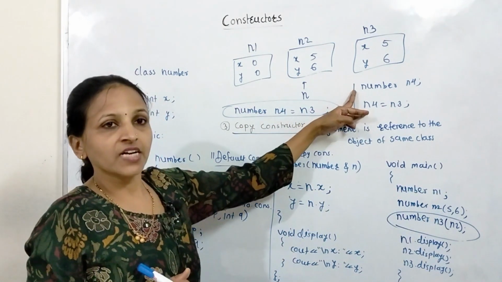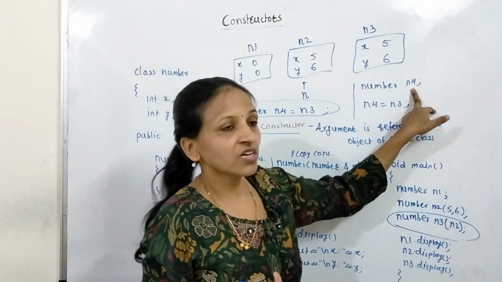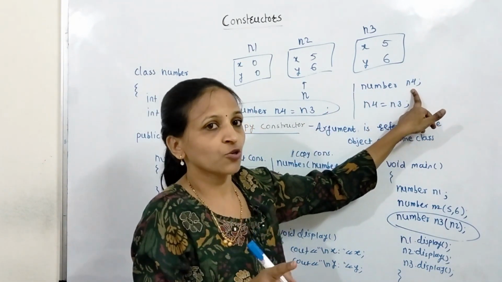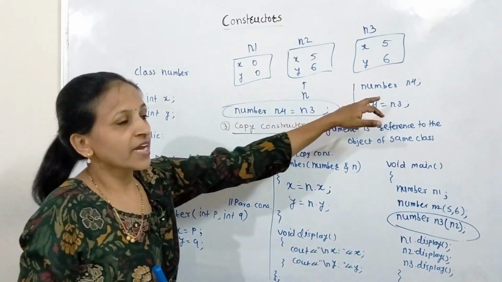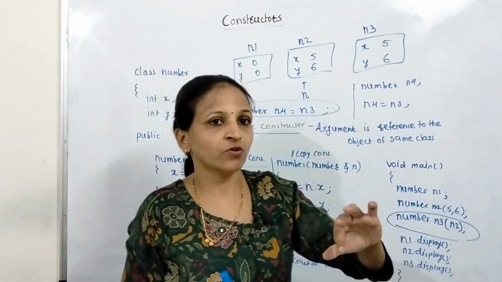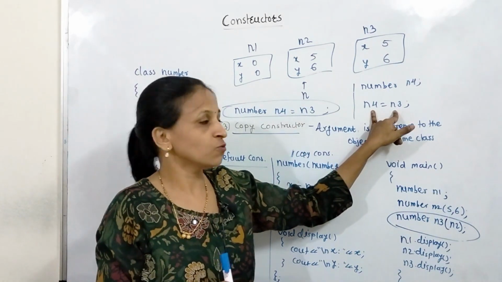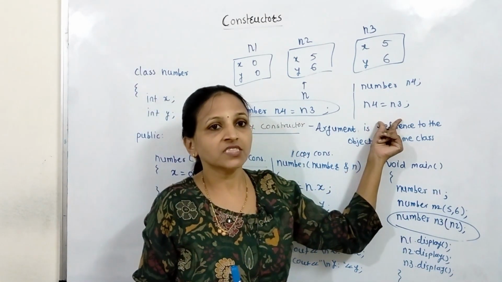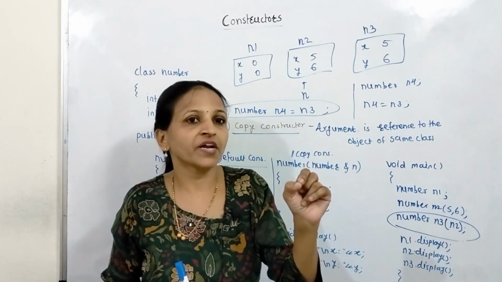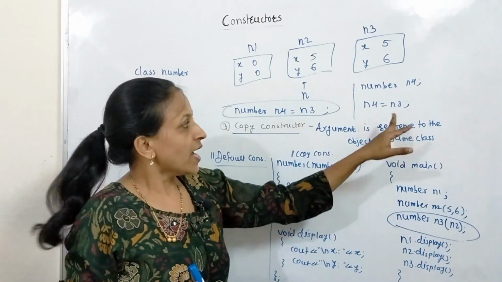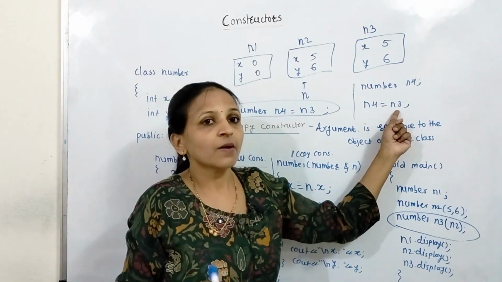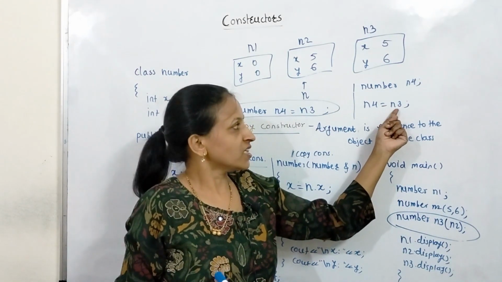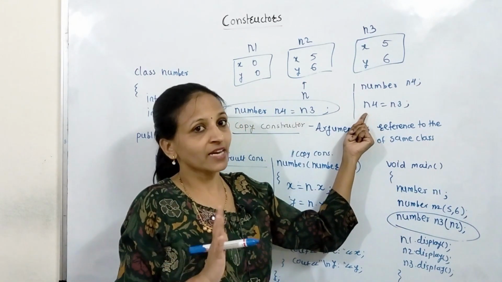And whenever we create an object without passing an argument, of course you know, automatically the default constructor will be called. Means initially n4 will have 0 0 values. Whenever this statement gets executed, the assignment operator will work, and because of that assignment operator, whatever data member values n3 has will get copied inside n4.